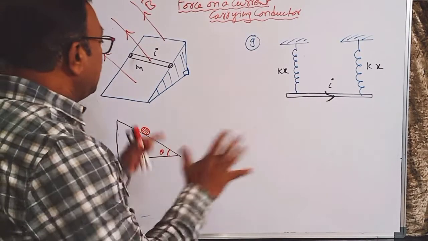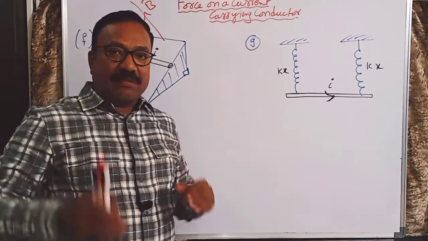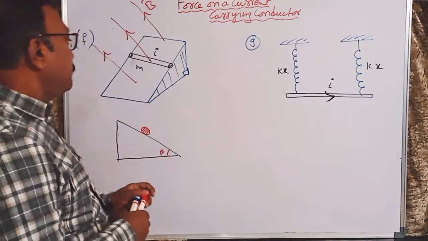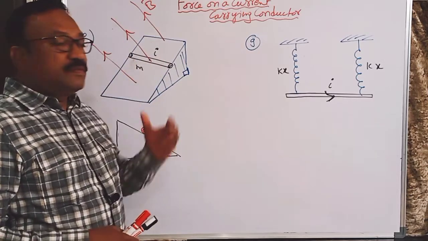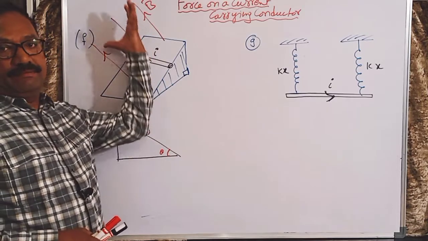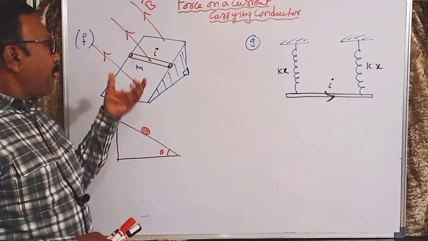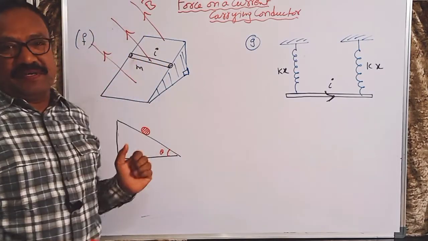Another situation: current carrying conductors placed in a magnetic field. This is an inclined plane. There is a magnetic field perpendicular to the inclined plane. This is a current carrying conductor placed in this magnetic field.